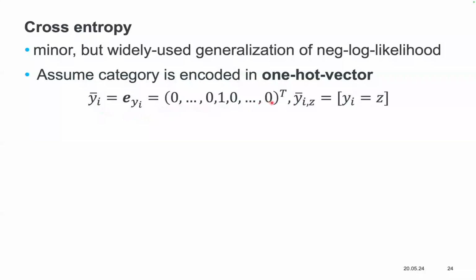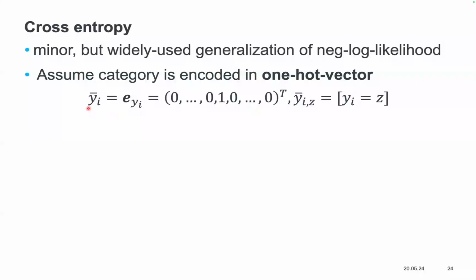Only one single component is different from 0, and this is 1. And when I have many different classes, but I want to express that the ith data point, for example, has a category of 4, then in the 4th position of this vector, I would put the 1, and in all other positions, I would put the 0. You could say that's a verbose way of writing it, but it's a very useful way to conceptualize it, even if you don't want to implement it that way.